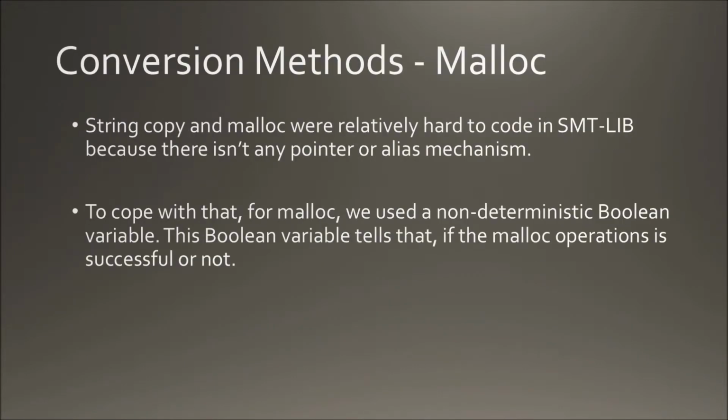Now malloc. As you know, malloc is a dynamic memory allocation instruction for C. Actually, this one is very hard to encode because there are no pointers or aliases in SMT-LIB. So we just put a boolean variable for malloc which states if the malloc operation is successful or not, which is non-deterministic.